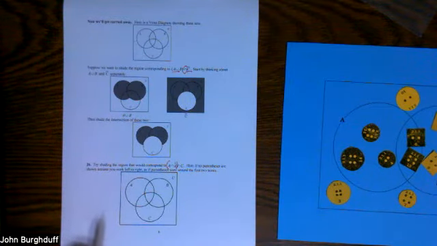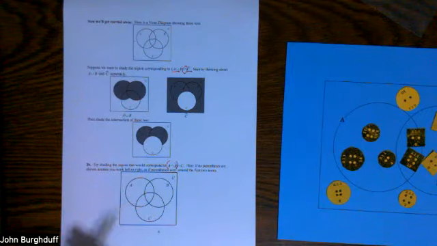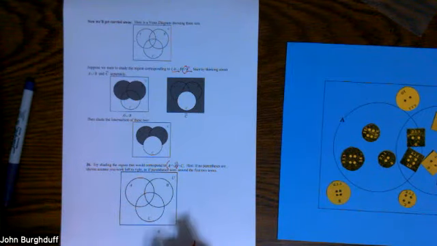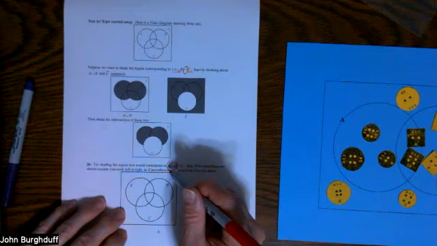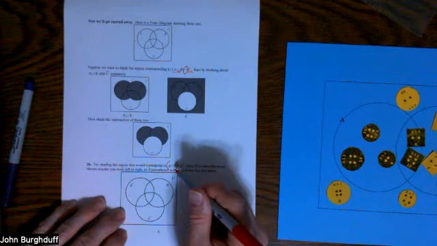So I'm first going to look at A intersection B complement, and I may need some more color here. So let me bring another pen in. A intersection B complement.